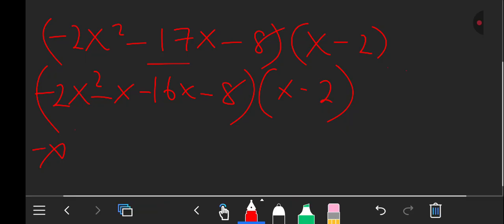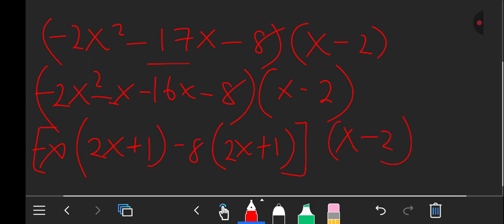Let's factorize negative x. What will remain is positive 2x, then plus 1. Here we factorize negative 8. What will remain is positive 2x, then plus 1. Then we have another factor, which is x minus 2.